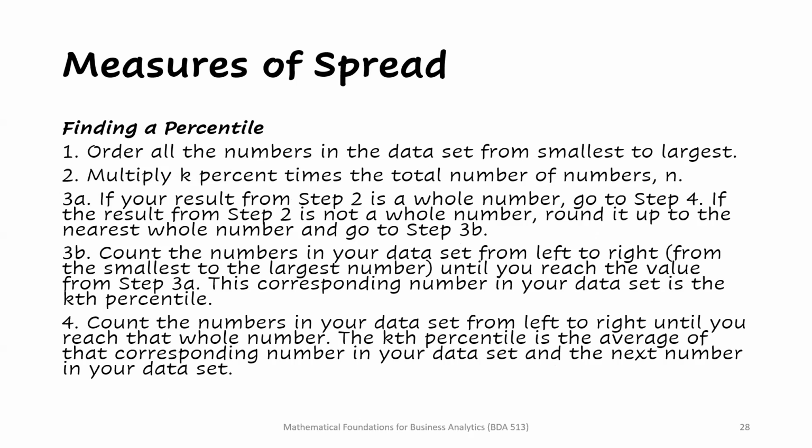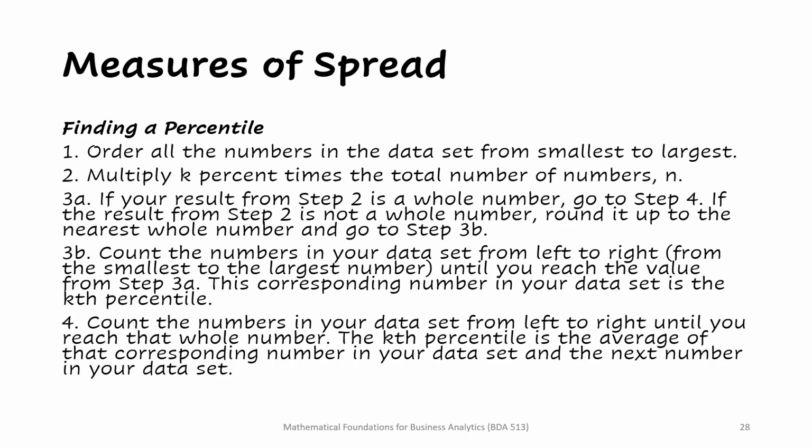Where your result is not a whole number, round it up to the nearest whole number. When you round it up to your nearest whole number, that will be the percentile figure you're looking for.